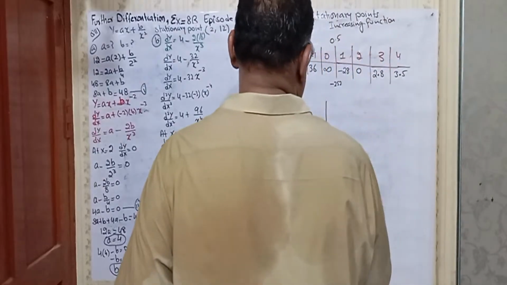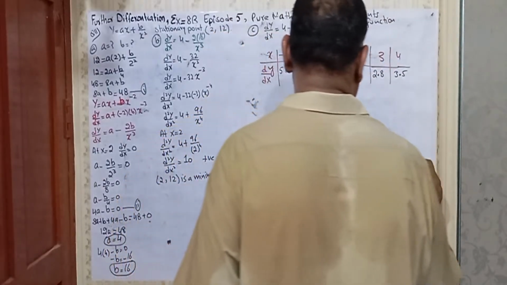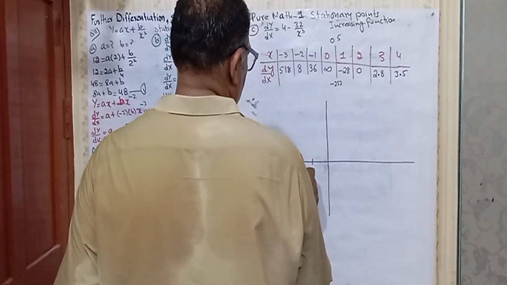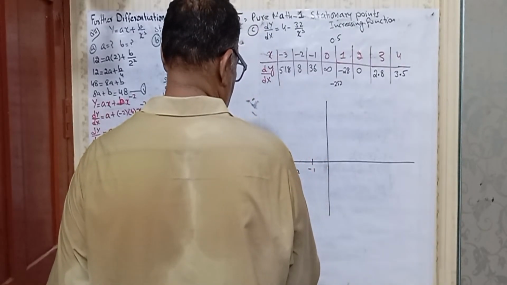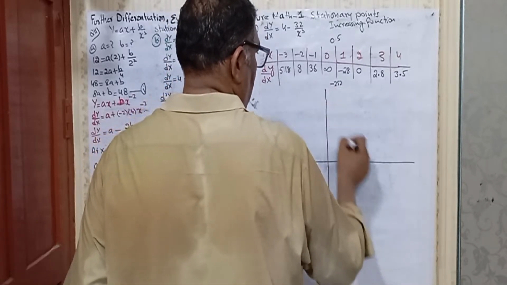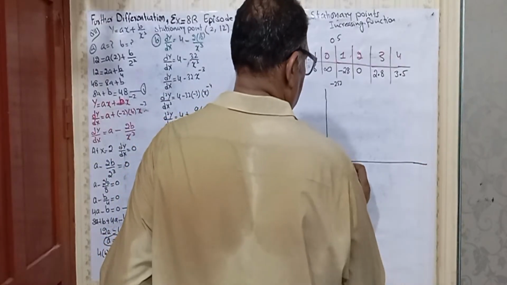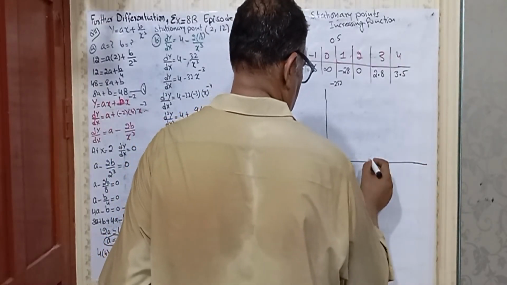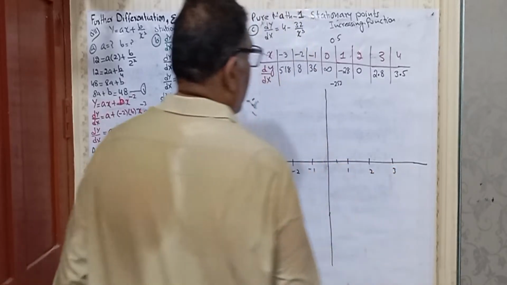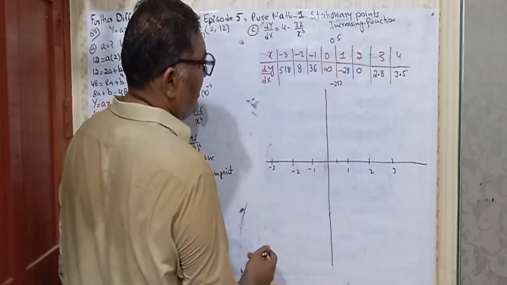So basically the graph is going to be something like this. This is -1, -2, and then -3, and this is 1, 2, 3, and this is 0.5. At 0 it's infinite.